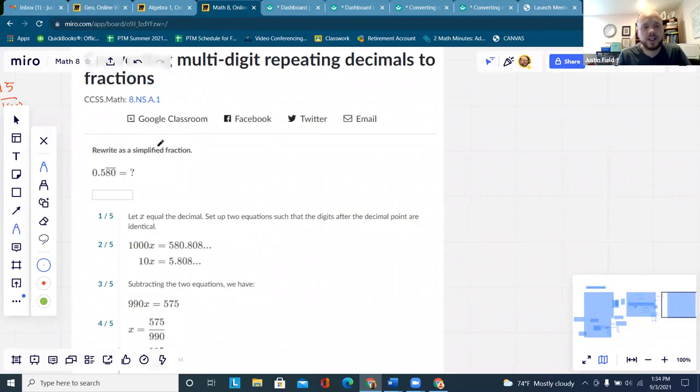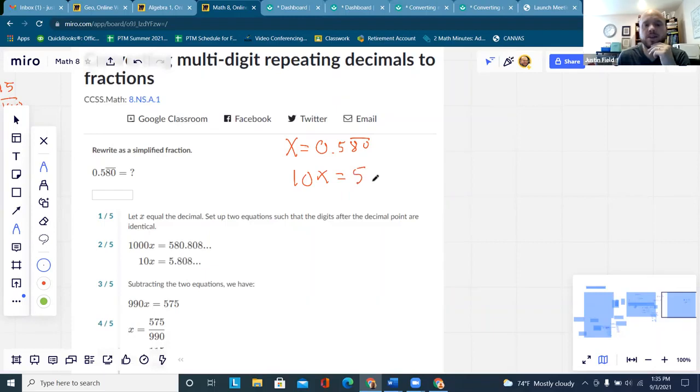So now this last one here is the same type of thing as the first one, only now everything's behind the decimal. But we only want the repeating part to be behind the decimal. So let's call that number x, 0.580 repeating. Now 2 numbers are repeating. But still, if we make it 10x, then that would move the decimal to the right.